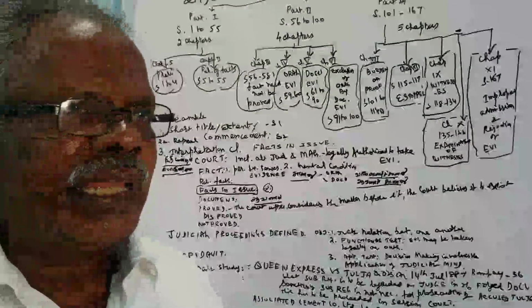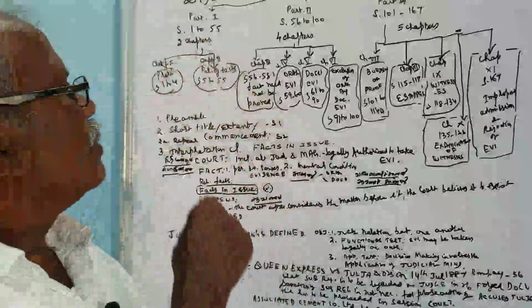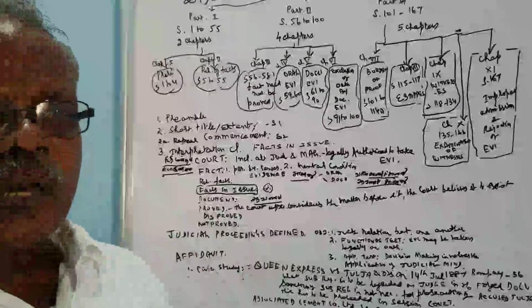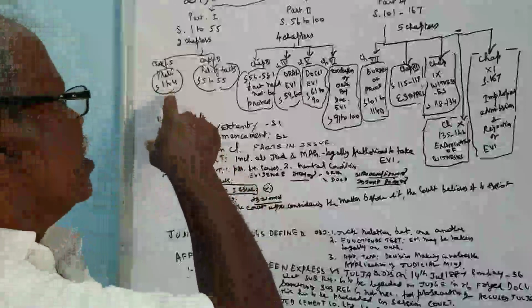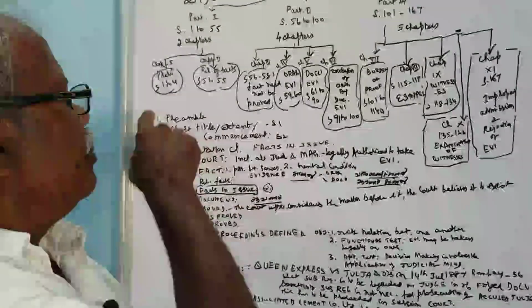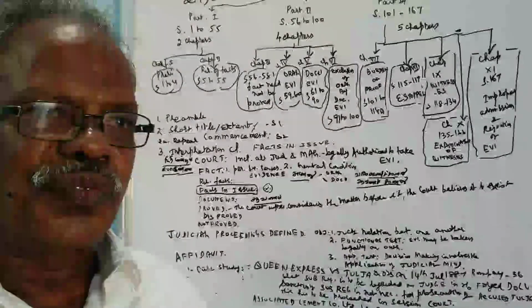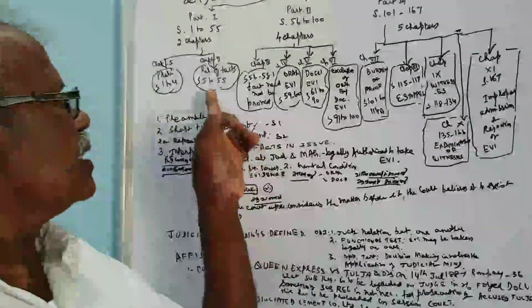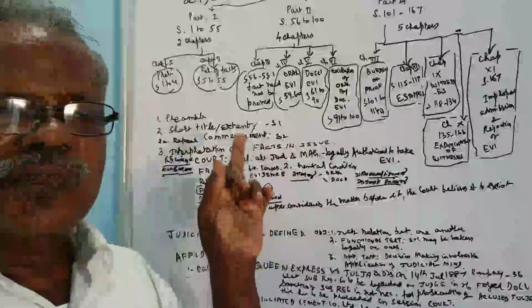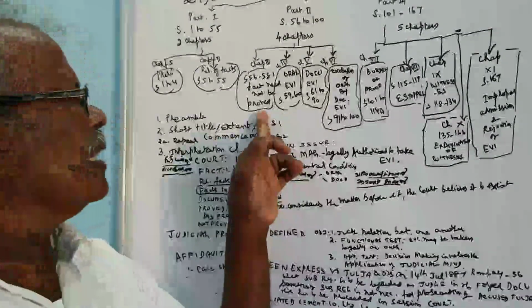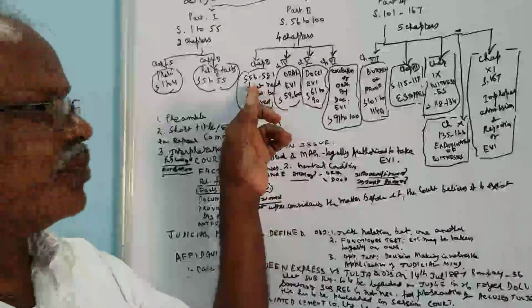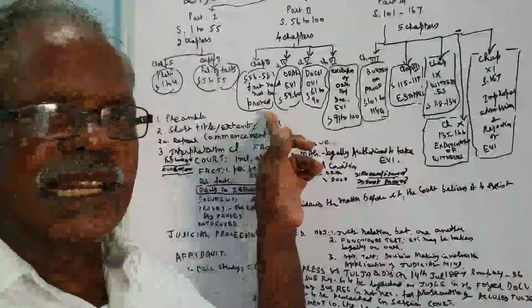Coming again to the chapters, part 1 consists of 2 chapters. Chapter 1 is preliminary, sections 1 to 4, and chapter 2 is relevancy of facts, sections 5 to 55. Then chapter 3, sections 56 to 58, facts need not be proved.